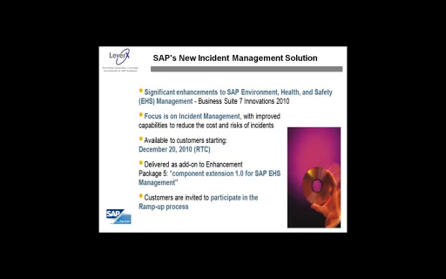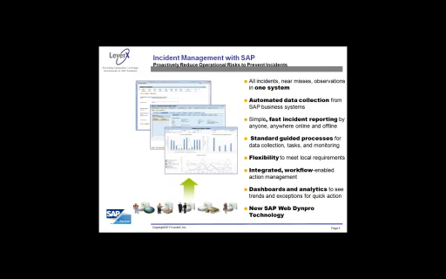Let me go to my next slide here and do a quick introduction of the various functionality of the incident management system. One interesting thing compared to the incident management of the past, and I'm going to probably mention this more than once, is that if you look at that very first bullet, it talks about not just the incidents, but also the near misses and observations.